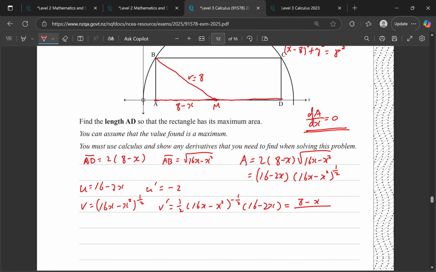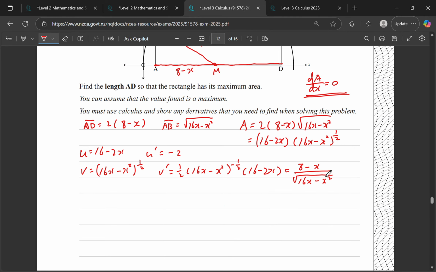So what is dA/dx? It is v u prime, which is minus 2 square root of 16x minus x squared, plus u v prime.